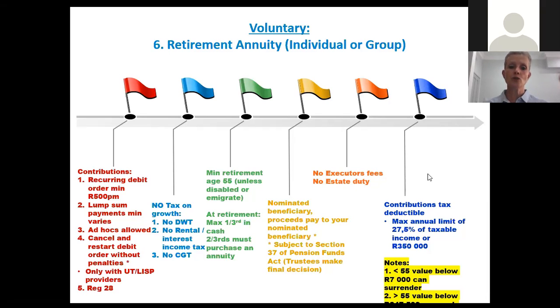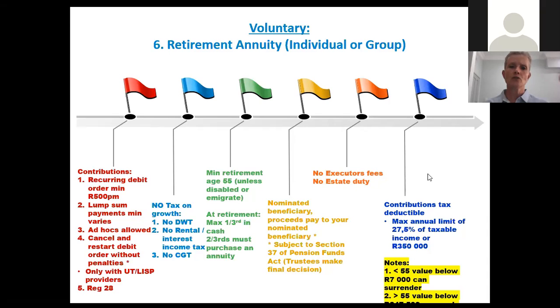So they can overturn your decision, your request or your wish, and they can then proportionately distribute the money to wives, children, family, whoever it is. So that's something that's quite important to remember when you're nominating beneficiaries on your fund.